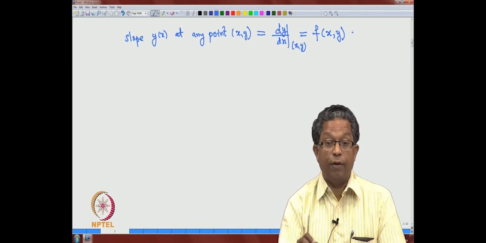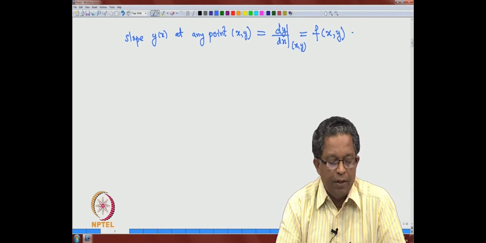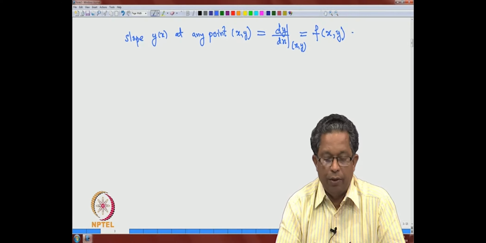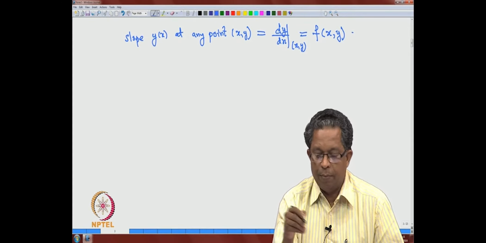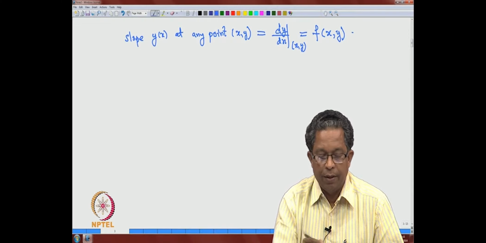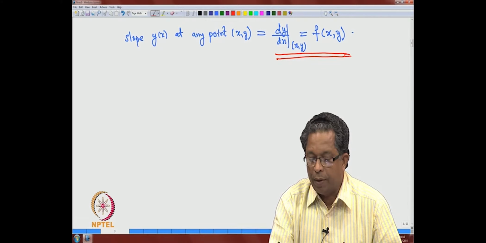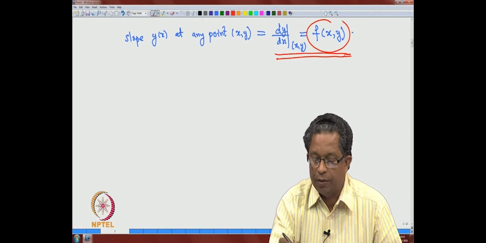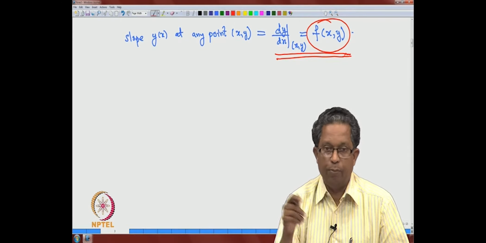Therefore, the solution of differential equation 1 with the initial condition 2 is a function that starts from the initial point (x0, y0), that is differentiable, and the slope at any point is given by dy/dx = f(x, y), coming from the differential equation. f(x, y) is given to us, so the slope at any point (x, y) is known to us and the initial point is known to us.